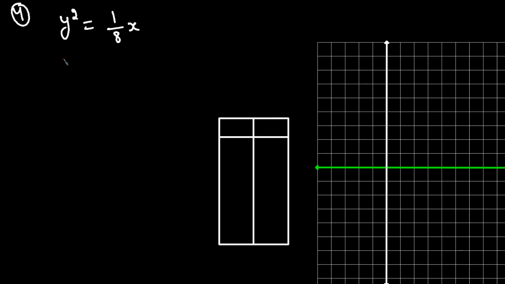Again, we compare it with our standard equation, y squared equals 4px, which gives me 4p equals 1 over 8. I'm going to divide by 4, and that gives me p equal to 1 over 32.